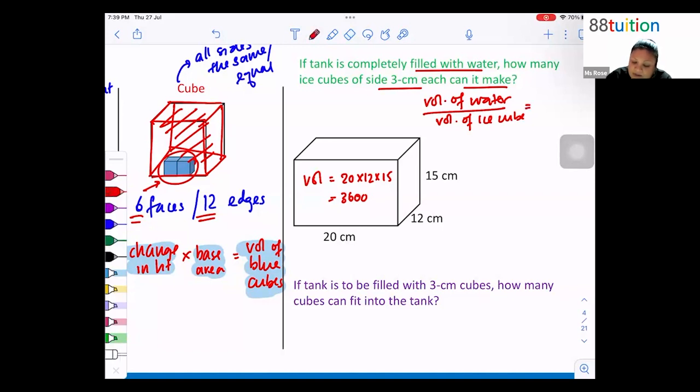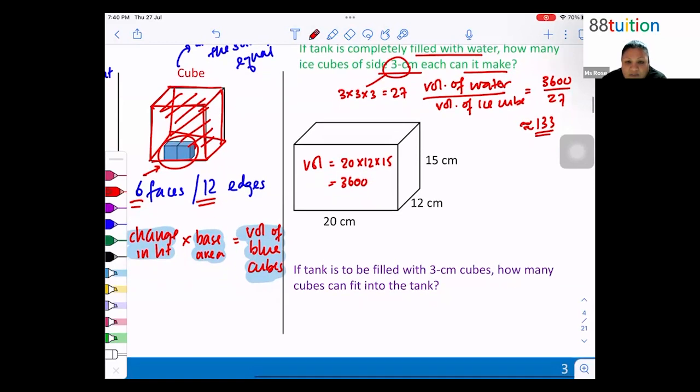The volume of an ice cube here is 3 times 3 times 3, which gives me 27, so approximately 133 ice cubes.